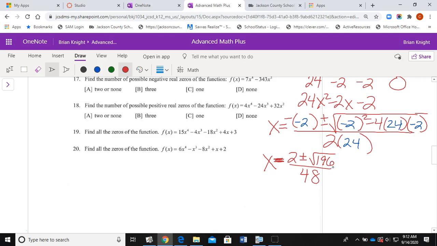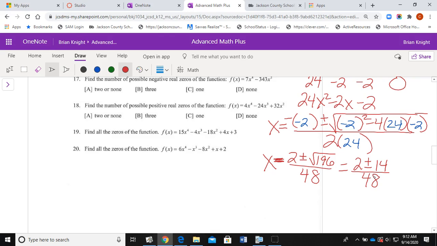Now, take your calculator, because I believe 196 is a perfect square. I think it's 14. So basically we're doing 2 plus or minus 14 over 48. So you do 2 plus 14, hit enter, divide it by 48, math enter, enter. It will give you your reduced fraction.